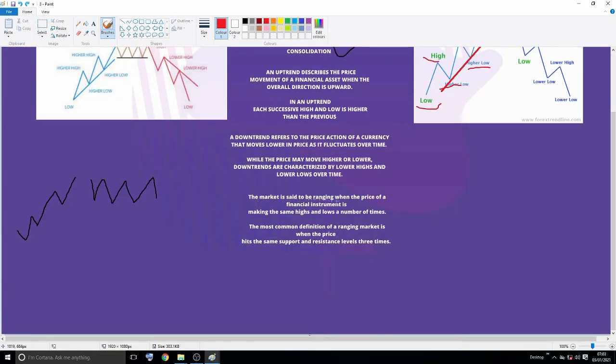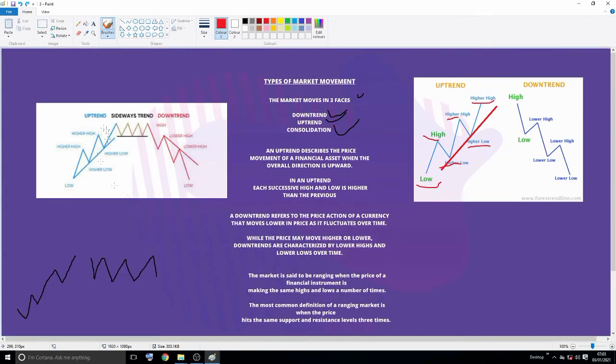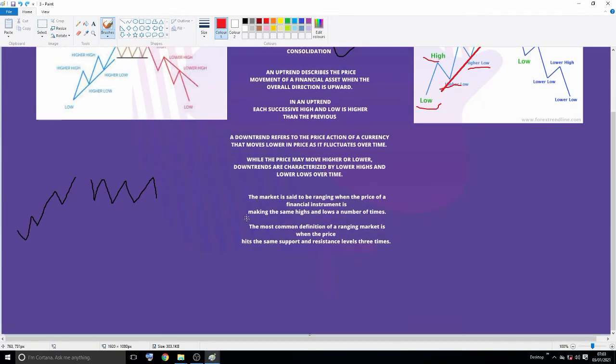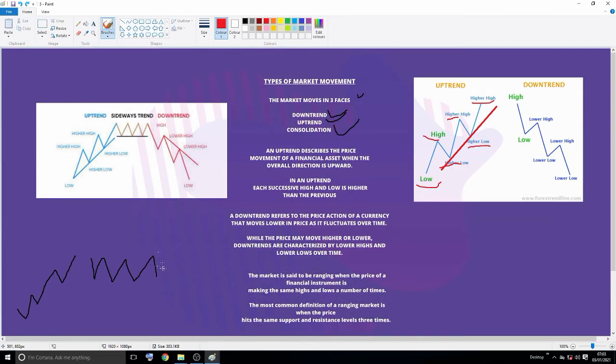The market is said to be ranging or consolidating when the price of a financial asset is making the same highs and lows a number of times. The most common identified range in the market is when the price hits the same support and resistance level 3 times.